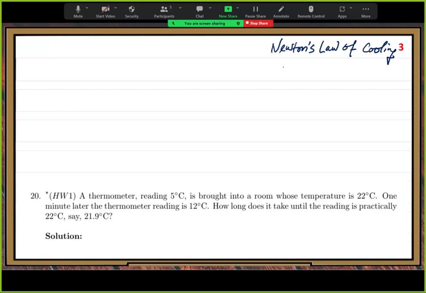But here I emphasize the importance of understanding. When you solve a word problem, especially a word problem, your overall understanding should be very good. Otherwise, it's very easy to go the wrong way. Most of the students, when they apply the Newton's law of cooling formula, just take the form.